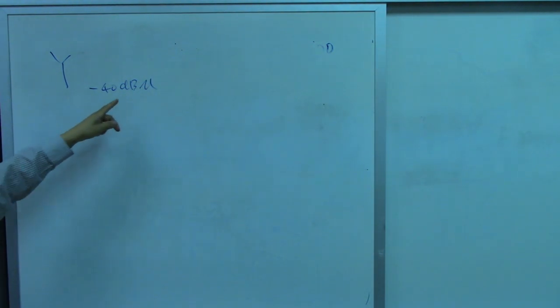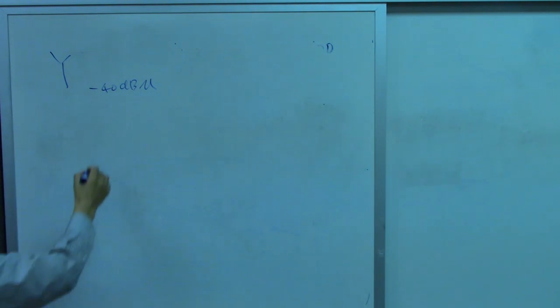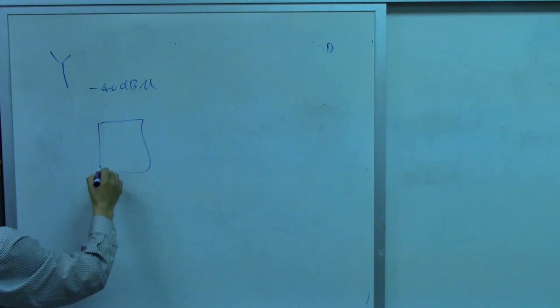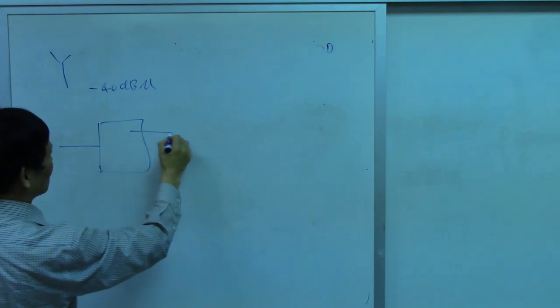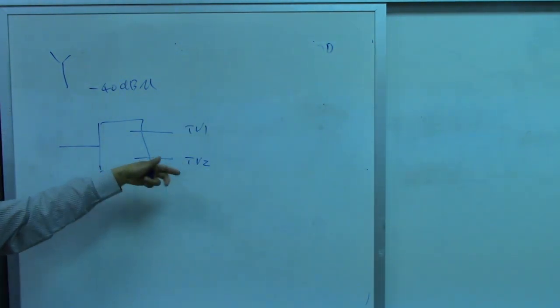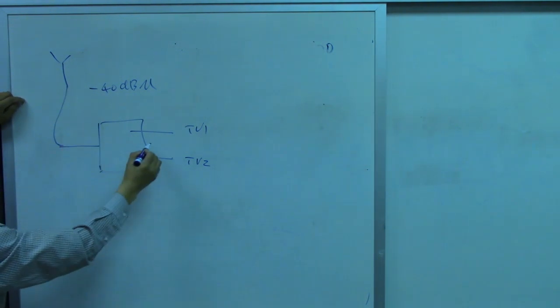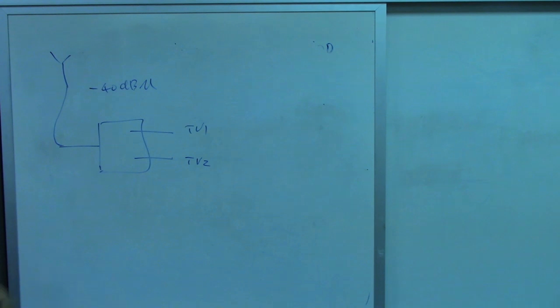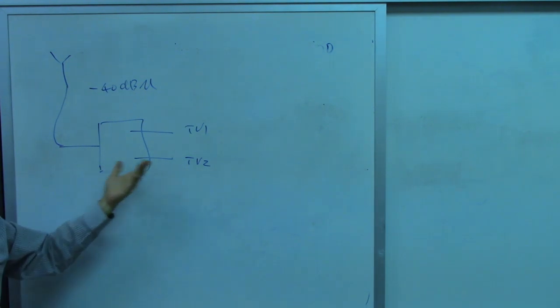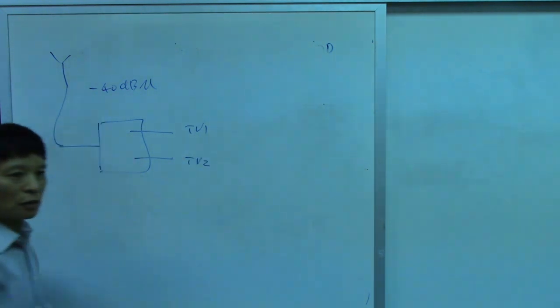That's microwatt, right? And we use a branch divider to divide this one. You have two TV sets, TV1, TV2. We assume these two are identical. So you connect this one here into here, and you divide this equally into two. Right. What is the power for the first TV?